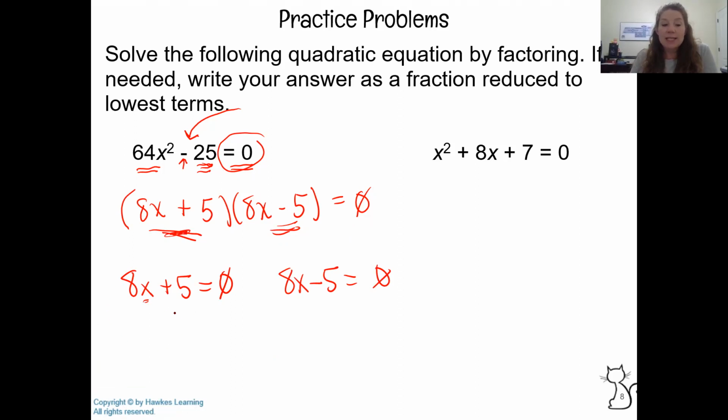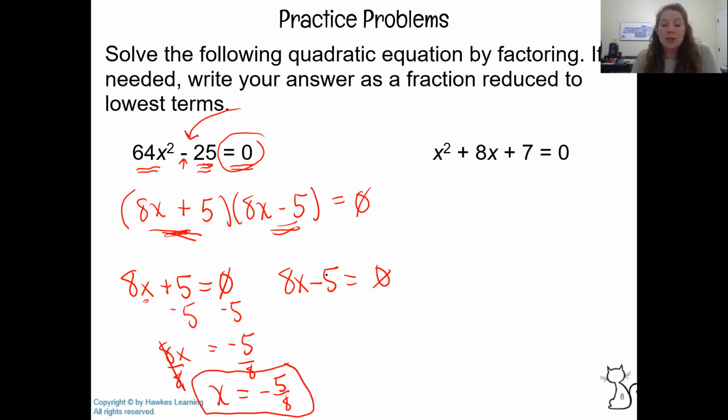Well, if I want x by itself, I'm going to subtract 5 from both sides. So I'd have 8x is equal to negative 5. And then to solve for x, I'm going to divide both sides by 8.